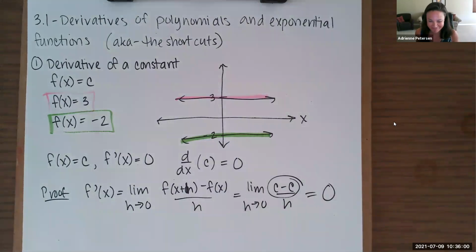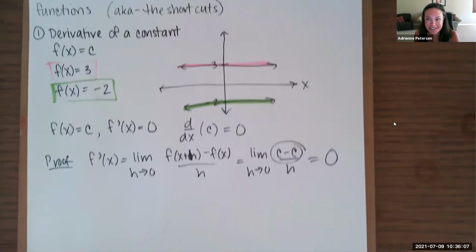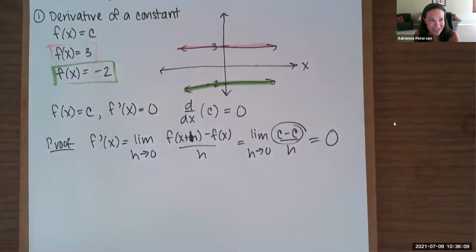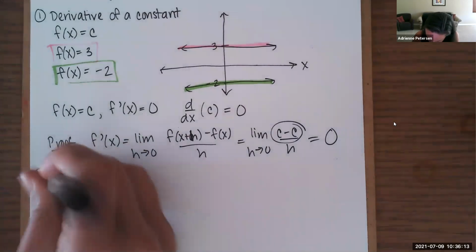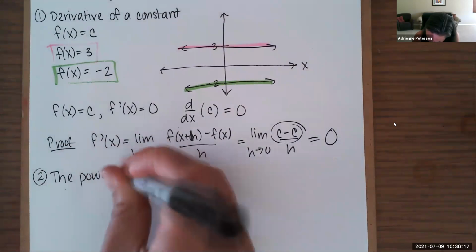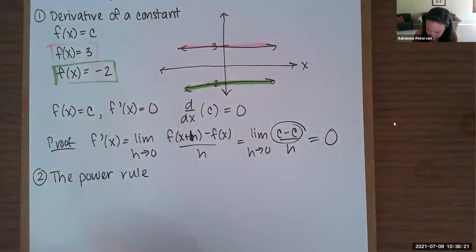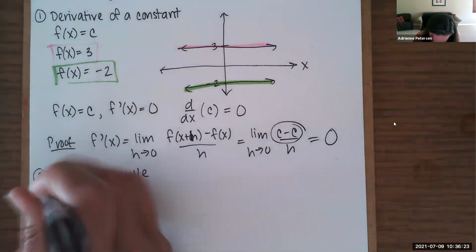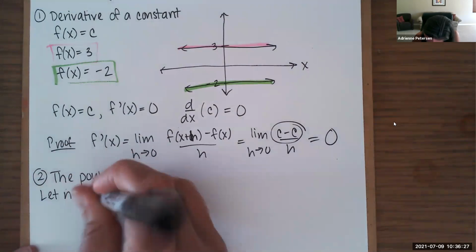You should memorize that. The next one is the most useful one, and now you're going to wish that you could go back to the 2.7 homework and do it with the shortcuts. The next thing we have is called the power rule, and this is going to help us find derivatives of polynomials. The power rule says: let n be a positive integer.